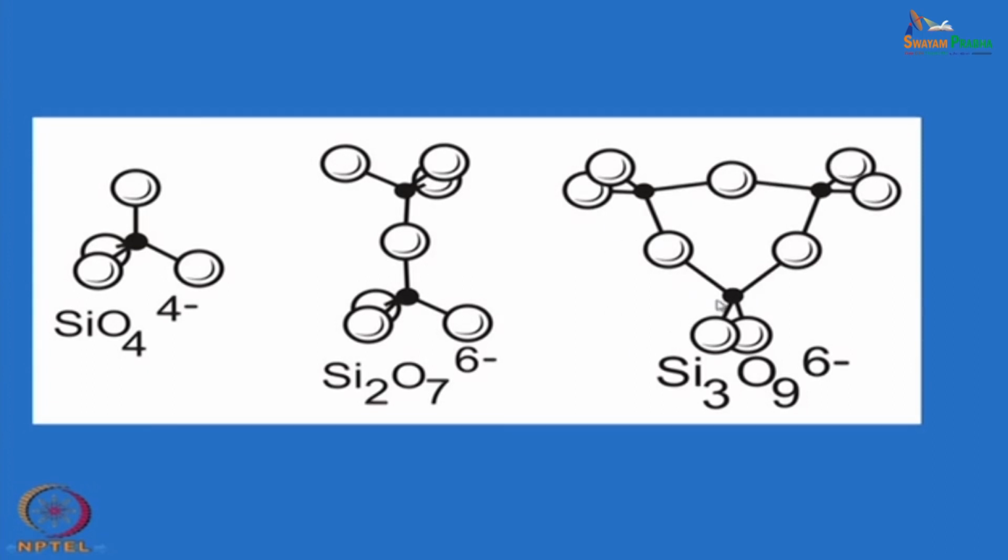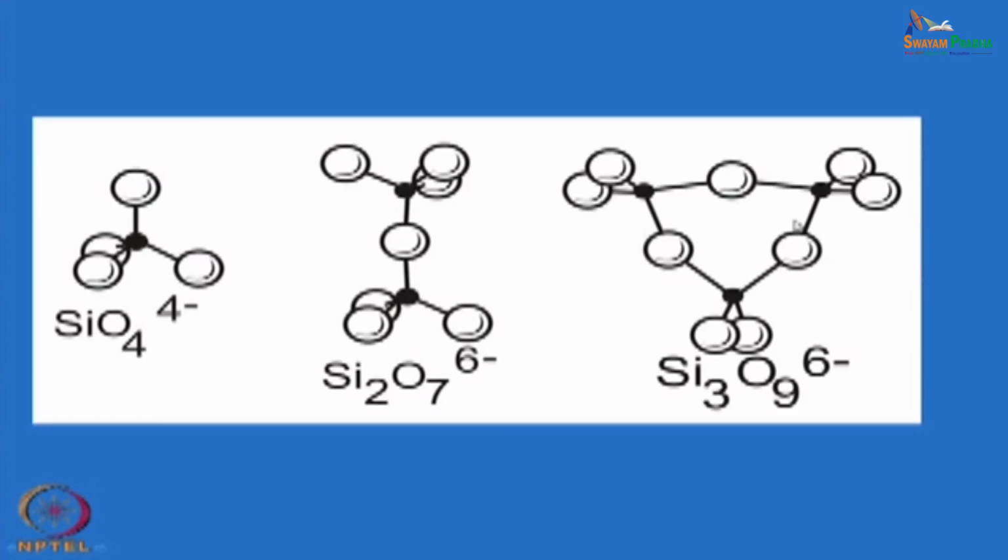Two silicon ions once again are sharing an oxygen, and out of the 4 oxygens, 2 are actually shared. Here none of the oxygens are shared between silicon ions, whereas here one oxygen is being shared by 2 silicon ions.